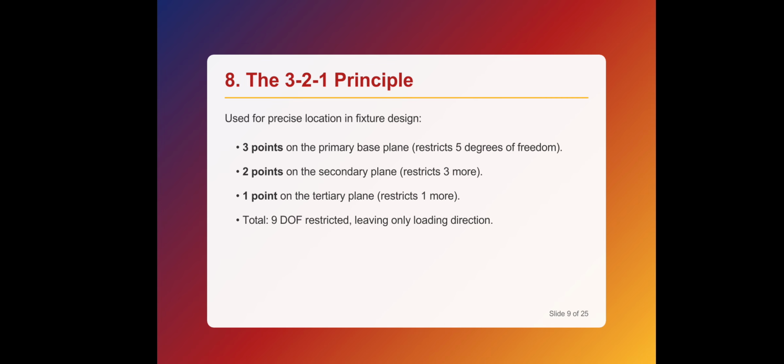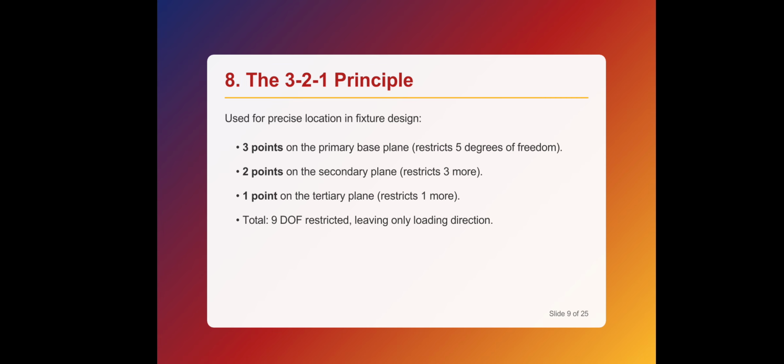The 2 points on the secondary plane restrict 3 more. So 1 point on the tertiary plane restricts 1 more. So a total of 9 DOF are restricted, leaving only the loading direction. This is the principle called the 3-2-1 principle.